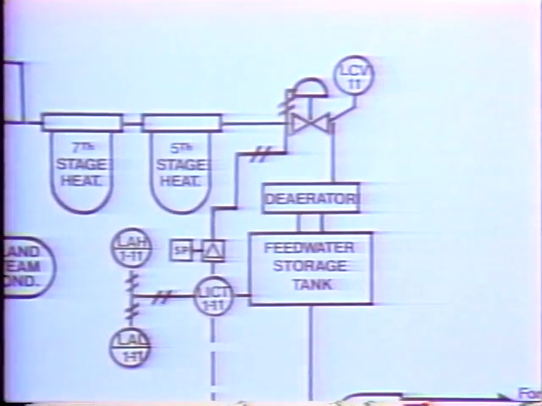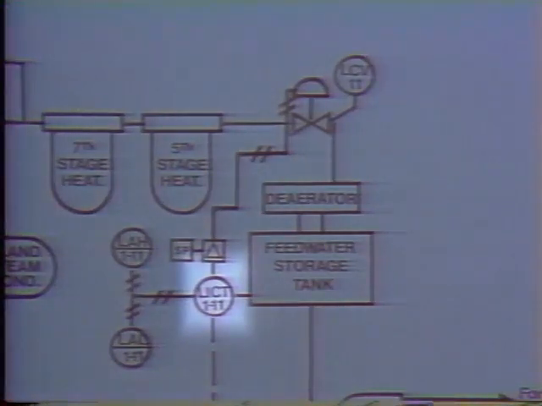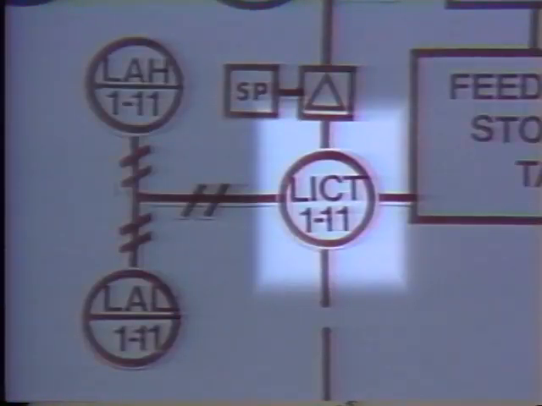The second thing that we've changed is the level indicator connected to the float device. Instead of simply having a local indicator, we now have a level indicating control transmitter, LICT1-11. The plain circle designates this instrument as being locally mounted.